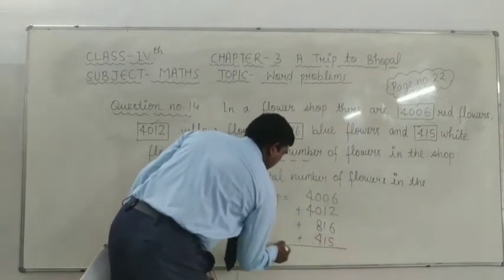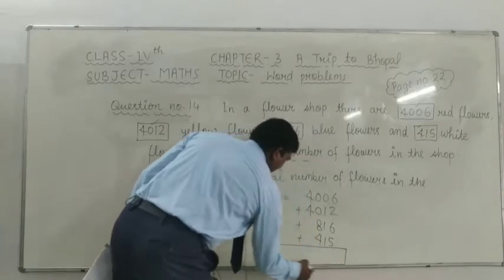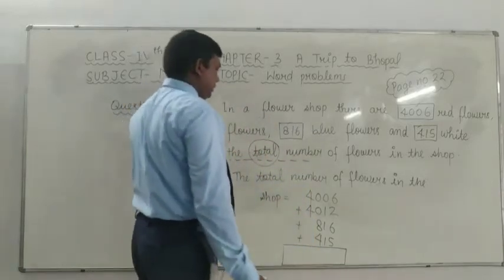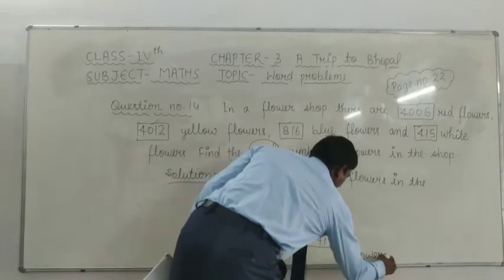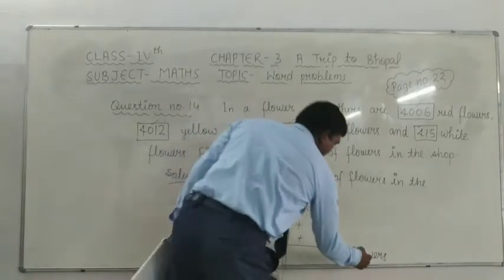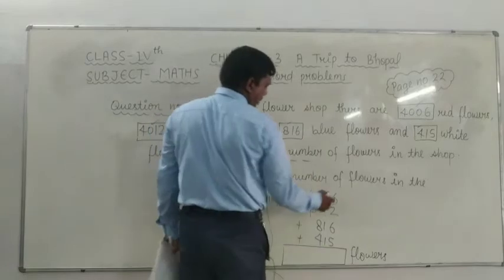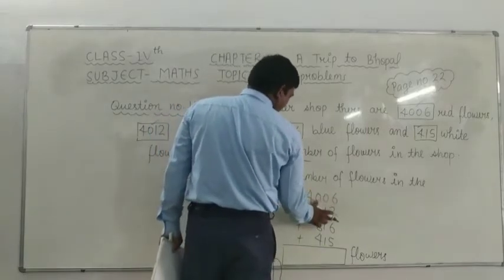After adding these we get the total number of flowers. Now let's start the addition of the given numbers.